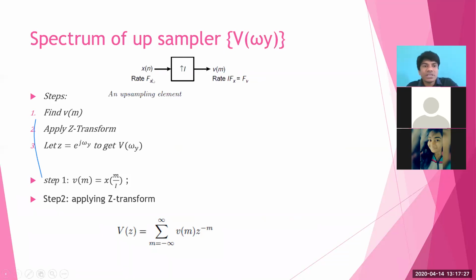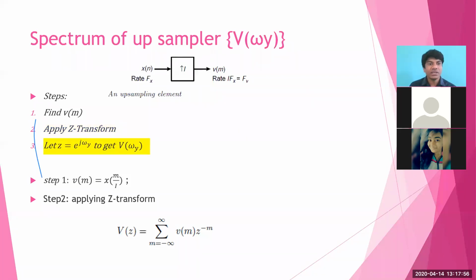Now here you can see, again there are three steps involved. We know that our upsampled sequence is v of m, so we have to find it first. That is step 1. Step 2 is we have to apply the z transform so that we can convert from time domain to frequency domain.